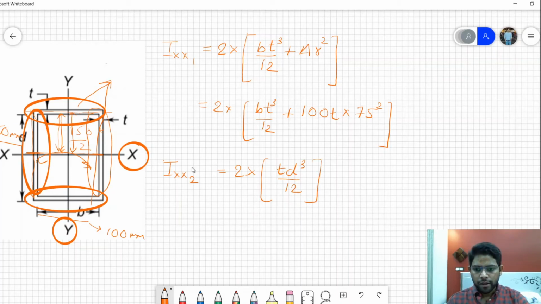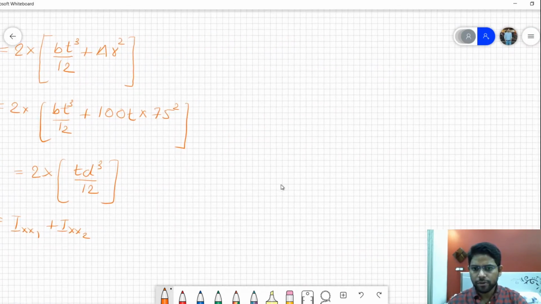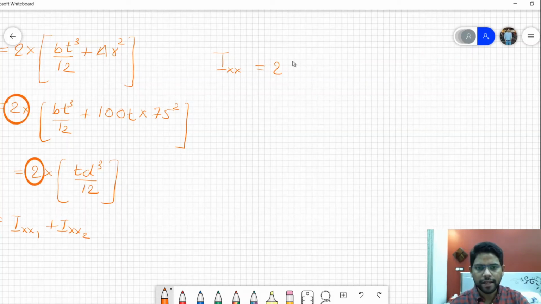Okay, so the total second moment of area will be equal to Ixx1 plus Ixx2. So this will be equal to 2 times, since we have 2 over here and here as well, so I will take this 2 as common, multiplied by bt cube upon 12.